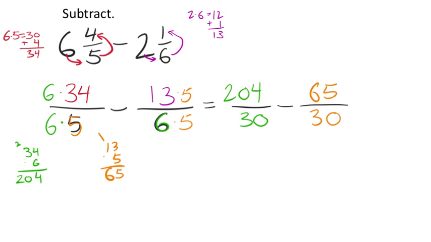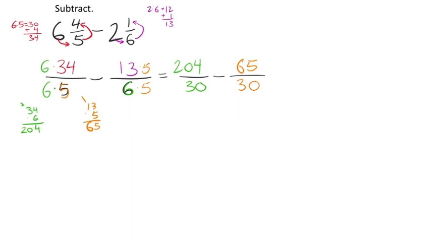Okay, so that was all in an effort to force the denominators to match, which means now I am ready to combine the numerators with subtraction. So the thirtieths will remain thirtieths. We're going to subtract 204 and 65.